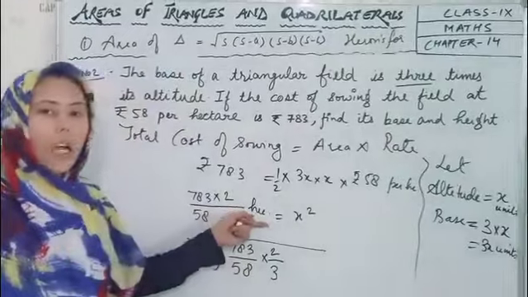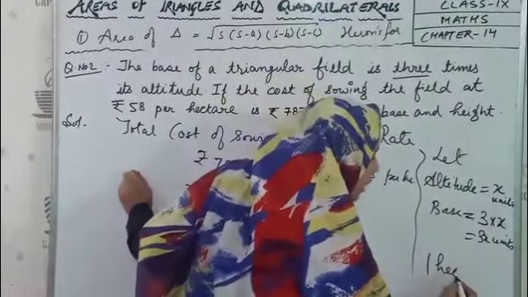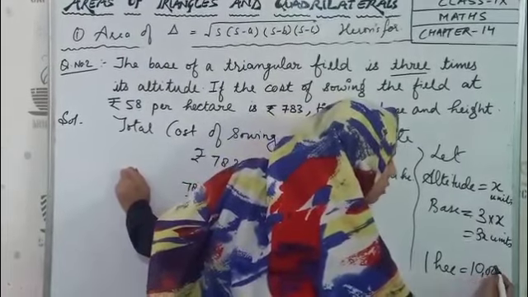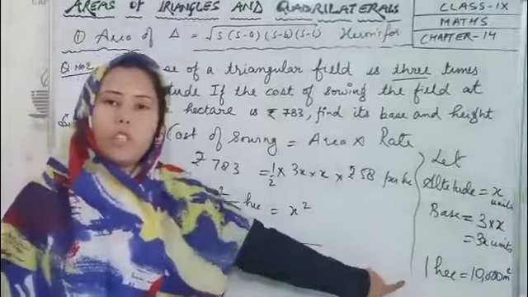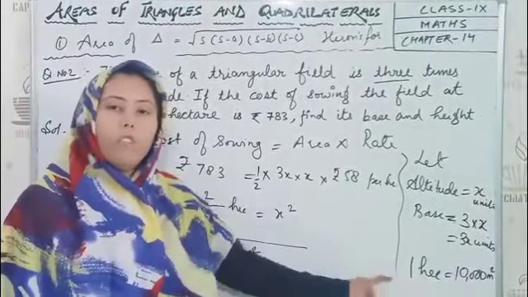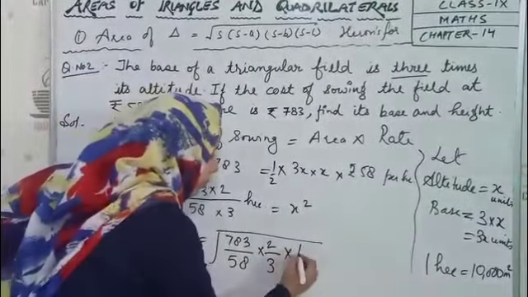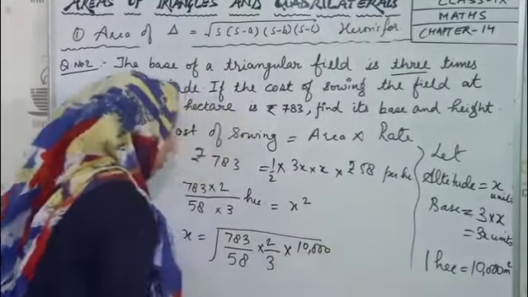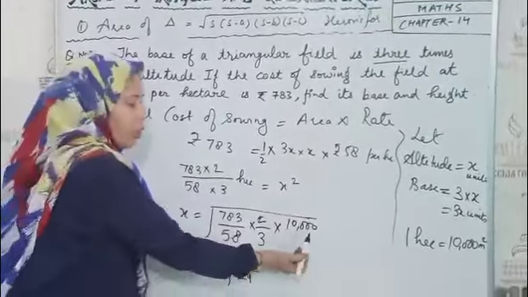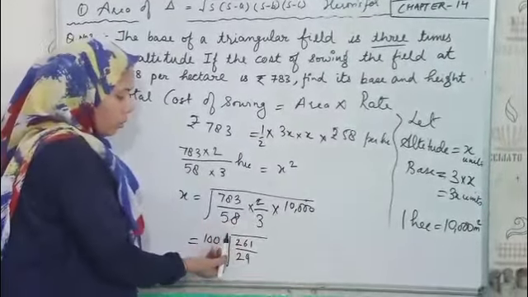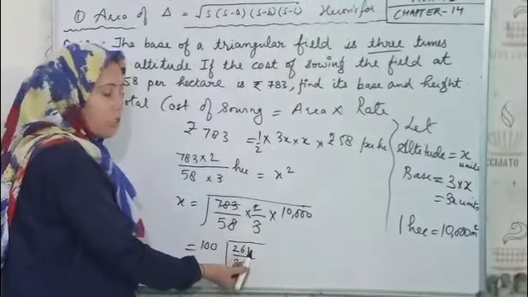So we will convert hectare into meter. And we know that 1 hectare is equal to 10,000 meter square. 1 hectare is equal to 10,000 meter square. We will convert hectare into meter. 10,000 is a square of 100. 2 ones are 2, 2 29s are 58, and 3 ones are 3, 3 261.